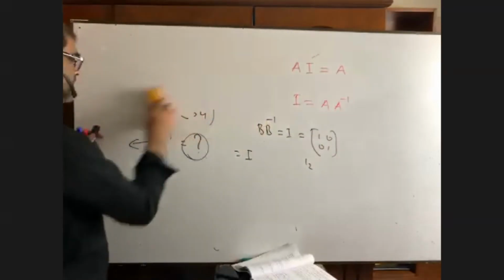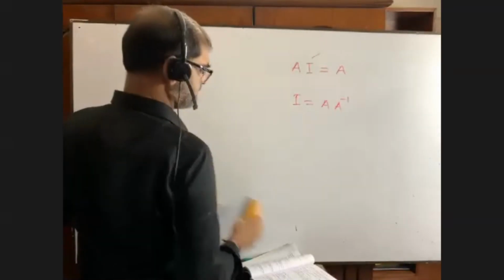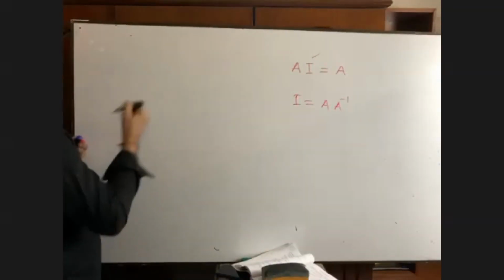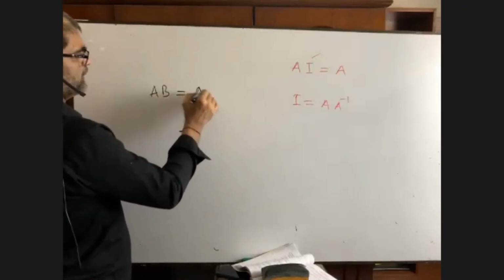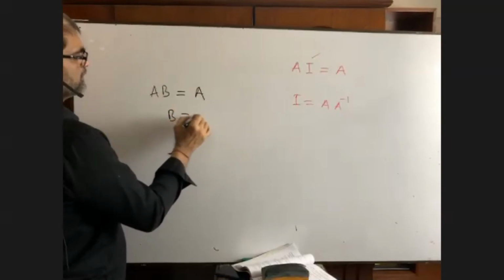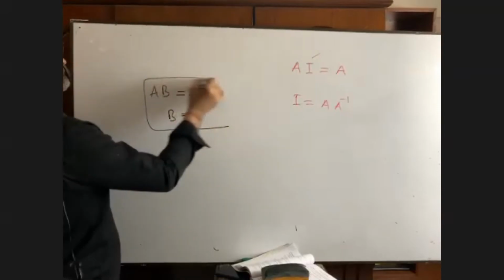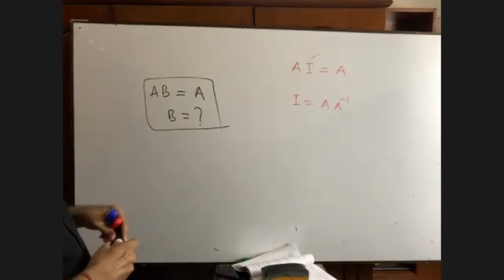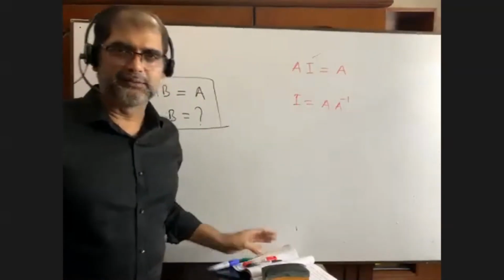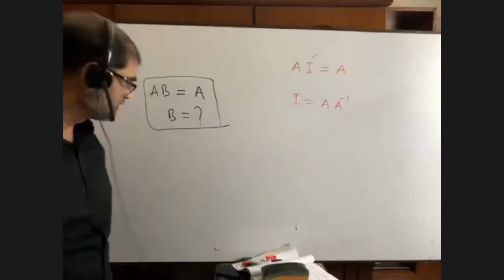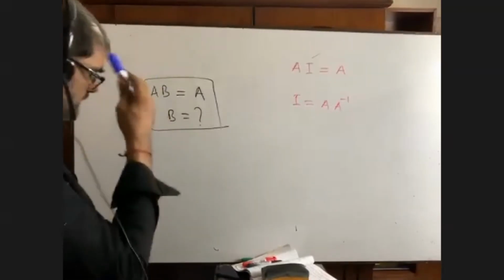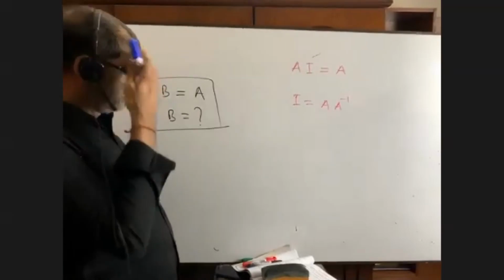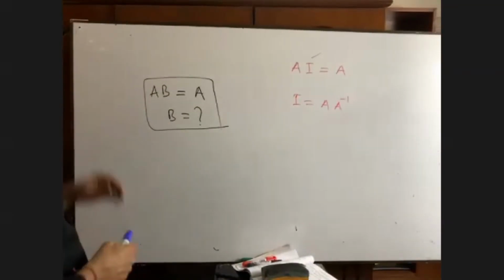Now the question is, a question given in Dhaka University last year. AB equals to A, B equals to what? Nothing else is given. Who is the hero or heroine in mathematics? I want to see. Time 10 seconds. I. Who has told it?